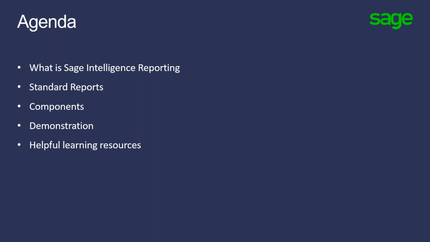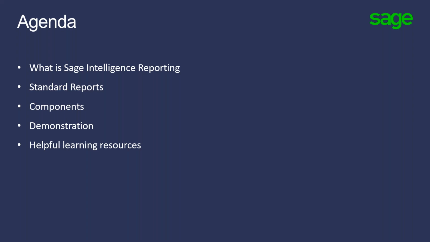So I think a lot of you on the call are familiar with Sage Intelligence and using Sage Intelligence, but there might be some people on the call that are new. So I do want to do a little bit of a what is Sage Intelligence reporting, and maybe just a reminder for some people of some of its features and capabilities. I'm going to go through the standard reports, but then also the additional free reports that we have.